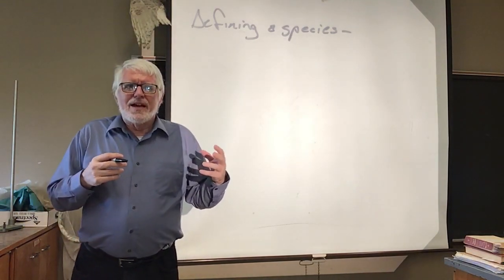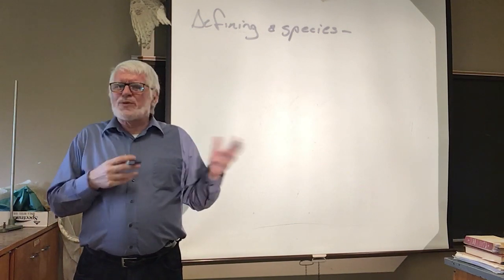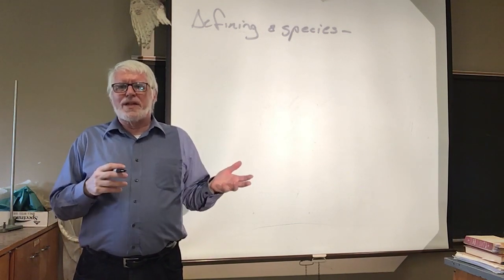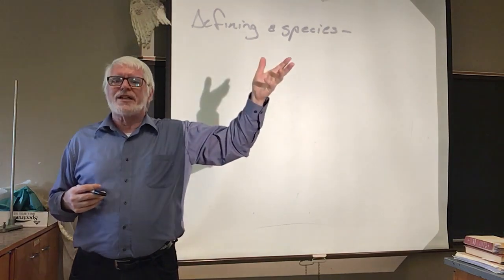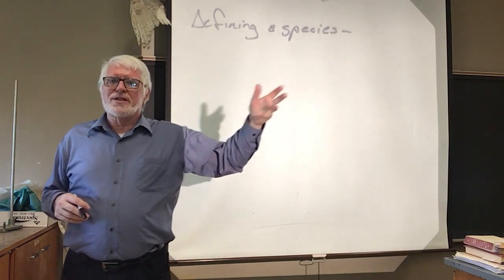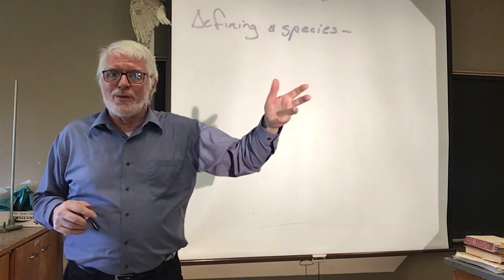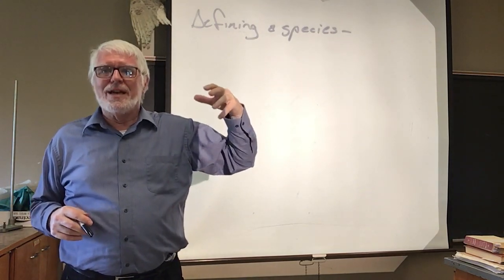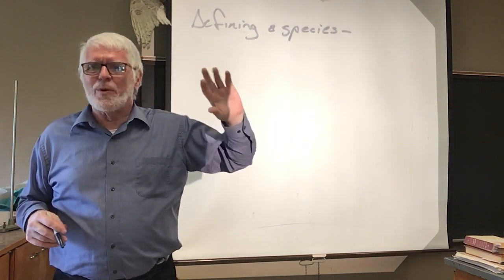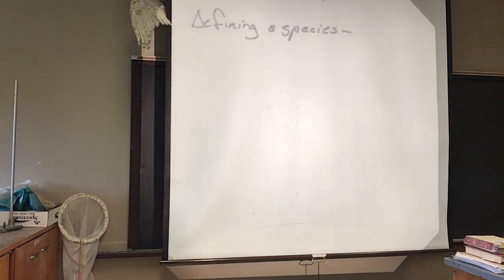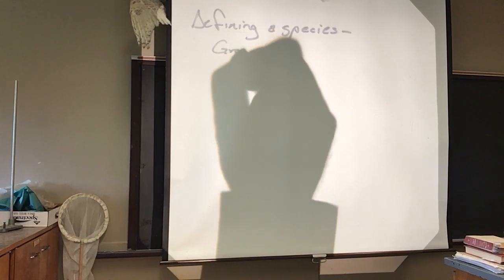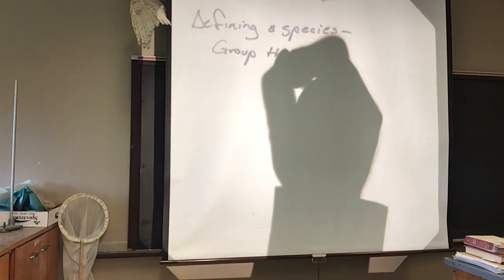And so it's really tough to define, and it's defined a bunch of different ways. I'm going to give you a fairly common modern definition that only applies to sexually reproducing organisms. But this is the best that we're going to do for this particular class, defining what a species is. So it's a group, it's a population.